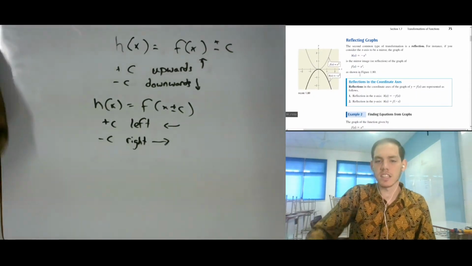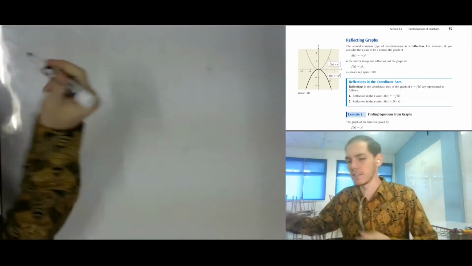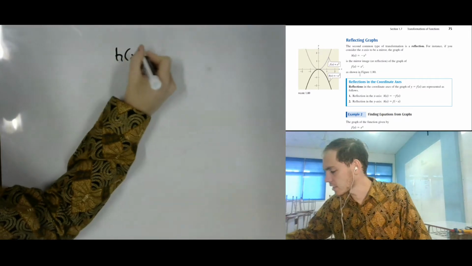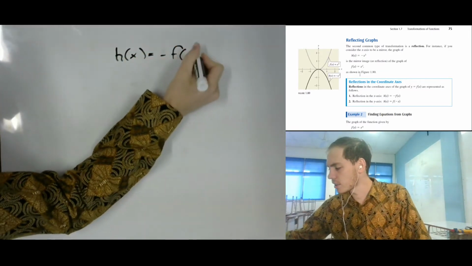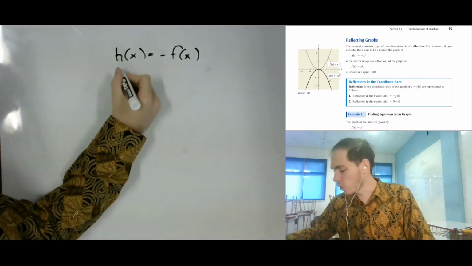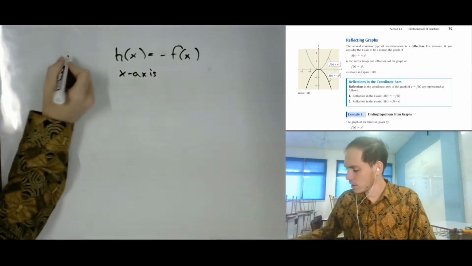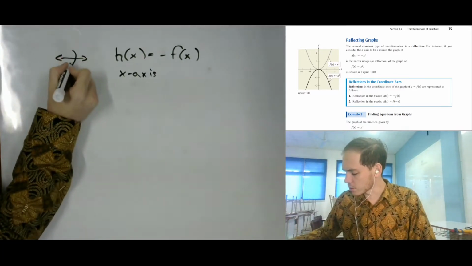Reflecting. Reflecting is actually a pretty straightforward concept. So reflecting. If you have h of x equals negative f of x, that's going to be a reflection over the x-axis, okay? So think the x-axis, it's a reflection this way, okay?